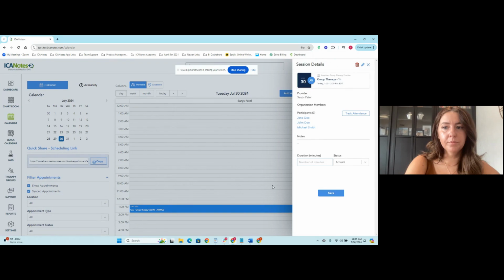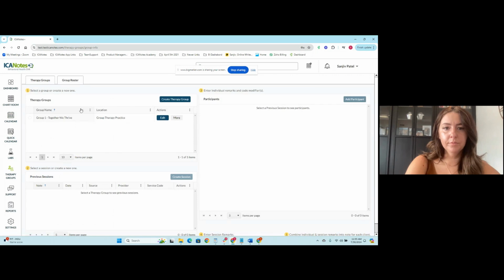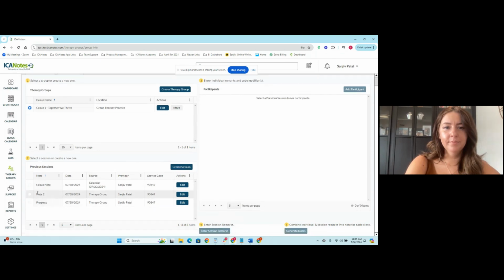All right. I'm going to now go to therapy groups on the left-hand side. And what I'm going to do is select Together We Thrive. That's my stress management group. And you'll notice here the top row is the appointment that I scheduled today for 7:30. The previous 2 rows here are previous sessions that I had with that group.